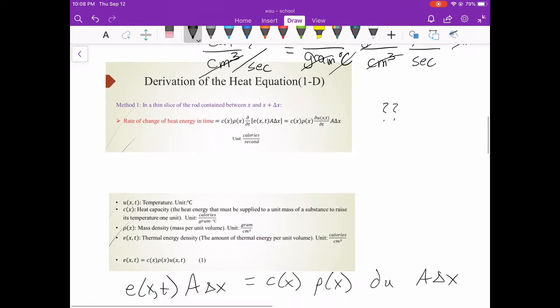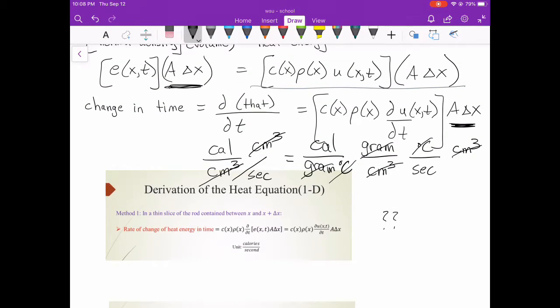I think that she made a mistake on this slide where it says the derivation of the heat equation. I think this stuff is not supposed to be on the left. I'm not sure, but if you include that there, it throws the units off. You can look at that again, maybe I'm wrong, but I think that this E of x,t is equal to the heat capacity times the density times the temperature.